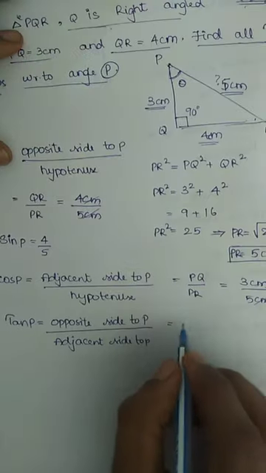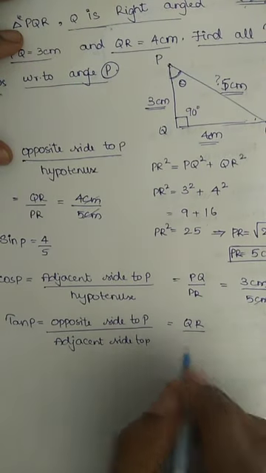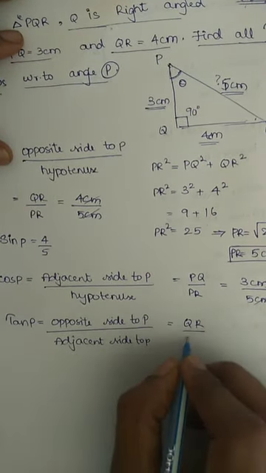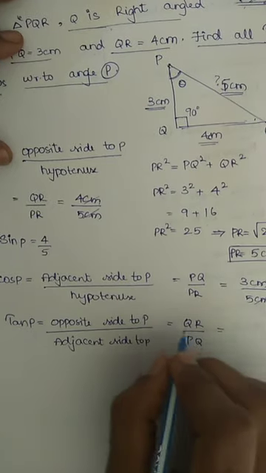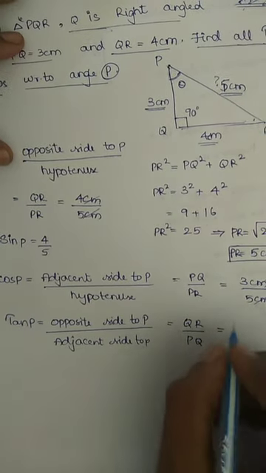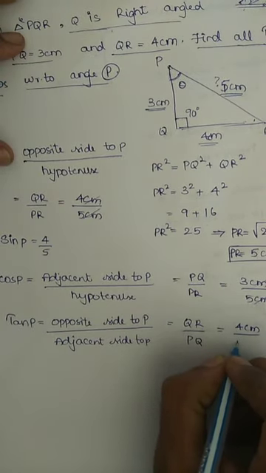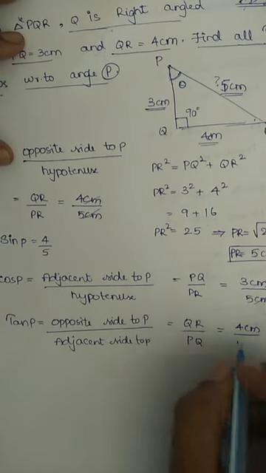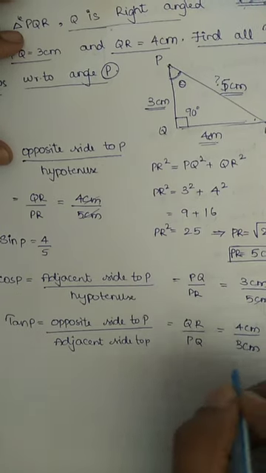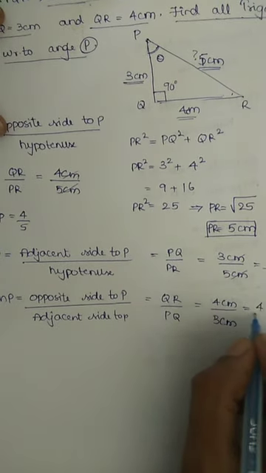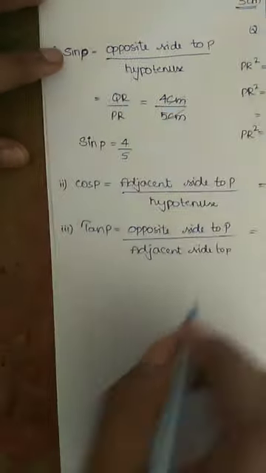It is QR. QR by adjacent side to P is PQ. So QR is 4 centimeters by PQ is 3 centimeters. So it is 4 by 3. Okay, next.